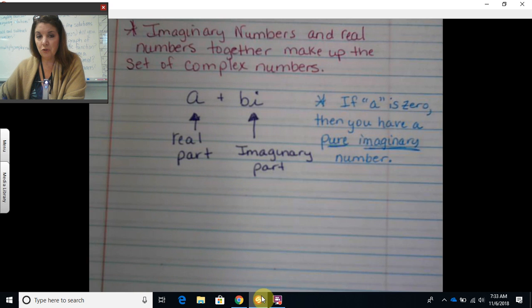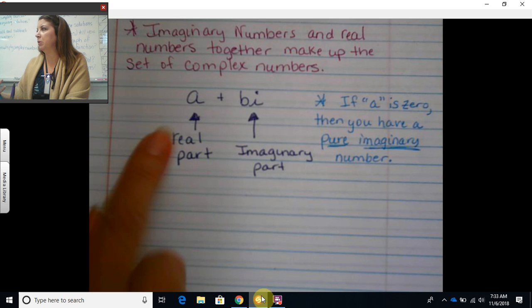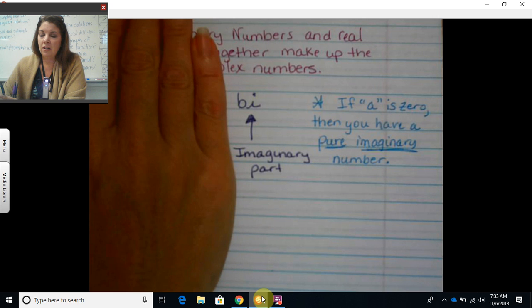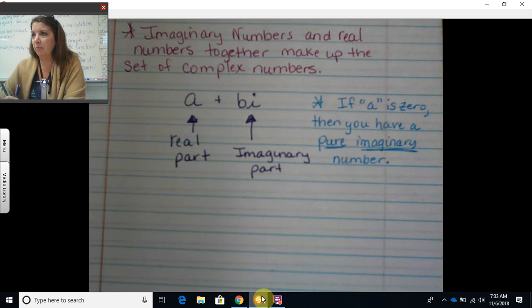So obviously we wouldn't put like 0 plus 3i. If you just saw like 3i, then we just call it a pure imaginary number, okay? I'm not going to test you on that word or anything, just for your reference.